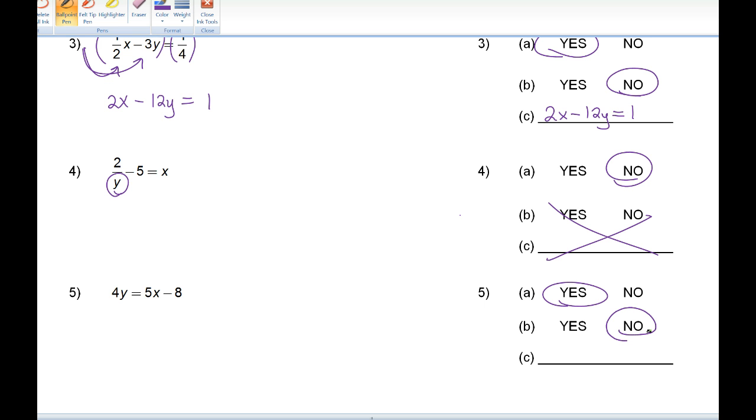Or we can move the 4y over here, but then we also have to move the 8. So do we want to move 2 things or move 1 and multiply by negative 1? All right, so that means I'm going to subtract 5x from both sides. Now I'm going to put the 5x in front of the 4y, so just keep in mind that that's a positive 4y, right? So I have a negative 5x plus 4y equals a negative 8.